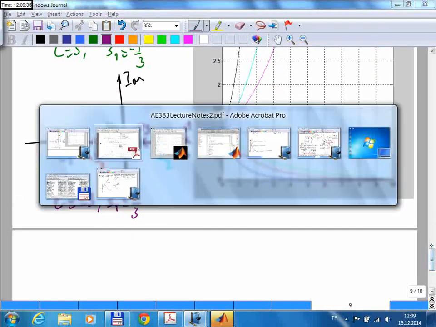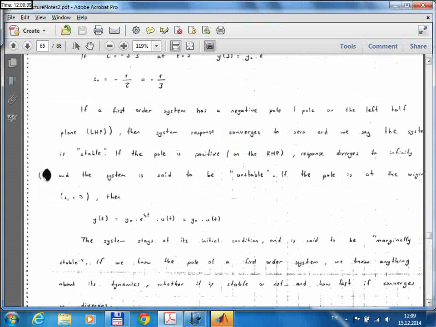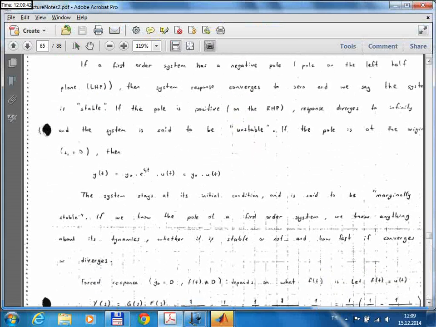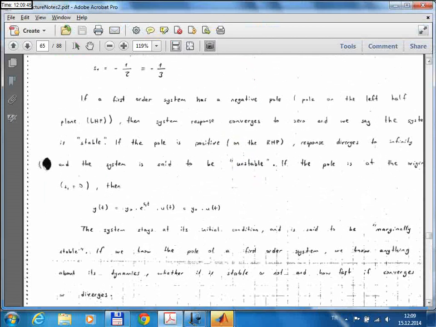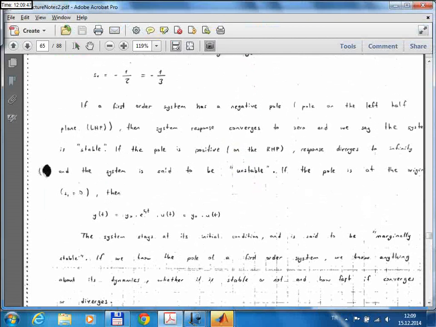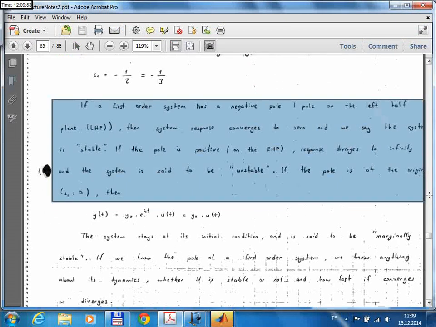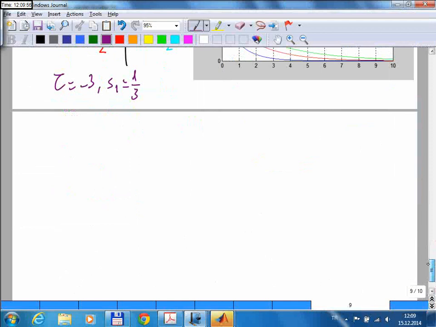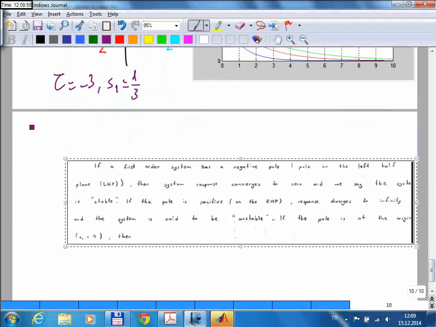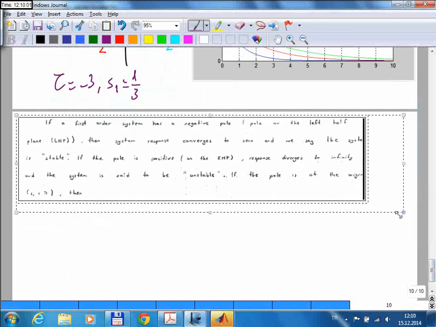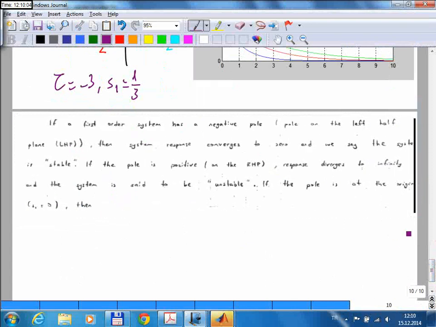Okay, so from here we make the following conclusions. If a first order system has a negative pole on the left half plane, then the system response converges to 0 and we say the system is stable.